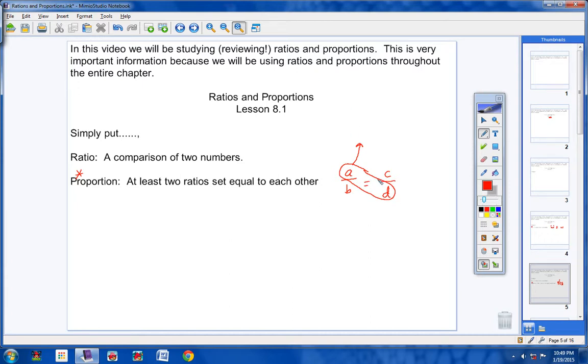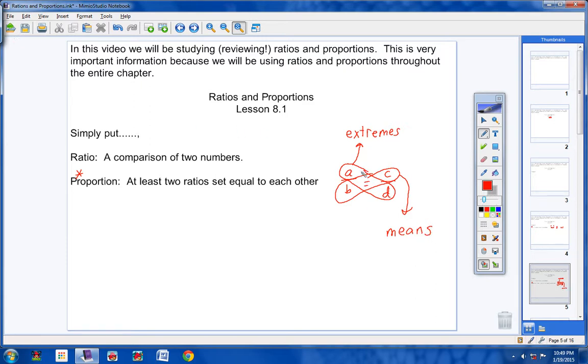So whenever you have a proportion, these 2 numbers here, or variables, are called your extremes. These 2 numbers here, or variables here, are going to be called your means. So as you can see, a proportion is made up of means and extremes, okay?